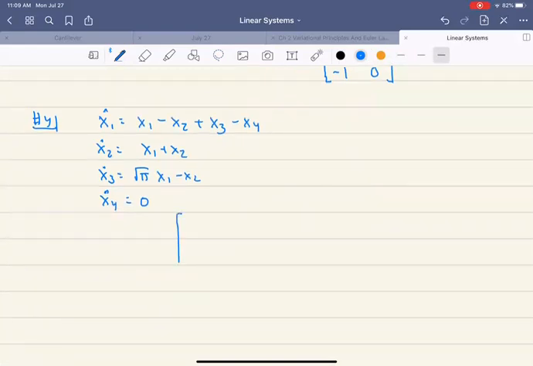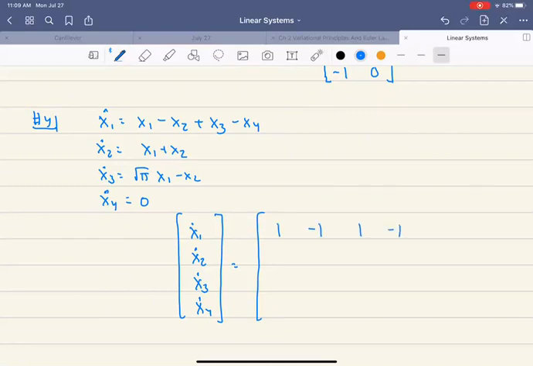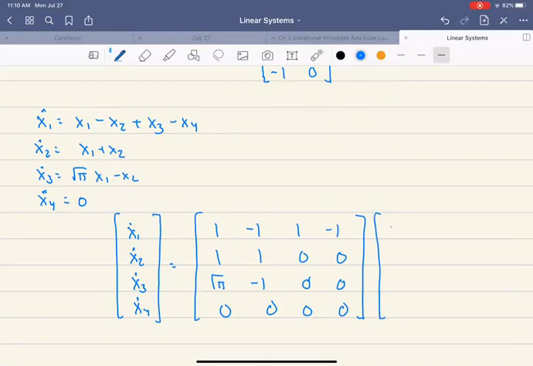So I'm going to write this as x1 prime, x2 prime, x3 prime, x4 prime equals the matrix with rows 1, negative 1, 1, negative 1; 1, 1, 0, 0; root pi, negative 1, 0, 0; and then 0, 0, 0, 0. And then x1, x2, x3, x4.